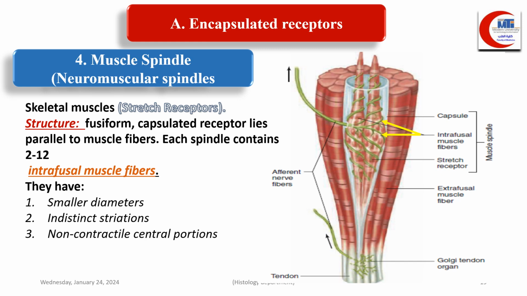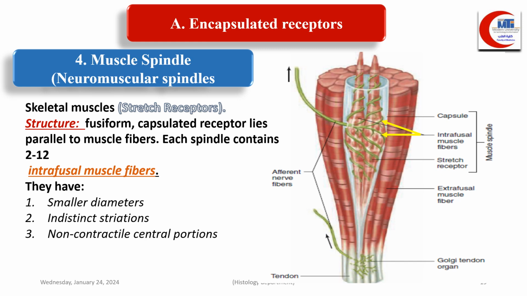What about muscle spindle? Muscle spindle is one of the encapsulated receptors. The other name of this receptor is neuromuscular spindle. It is present inside the skeletal muscle. It is known as the stretch receptor. What about the structure? Here we can see on the right side this photo.